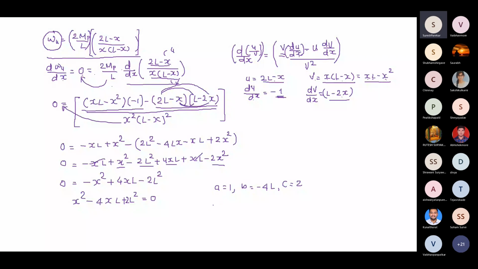And then we will get x equal to minus b plus minus root of b square minus 4ac upon 2a.